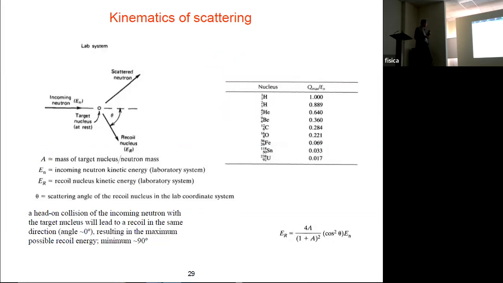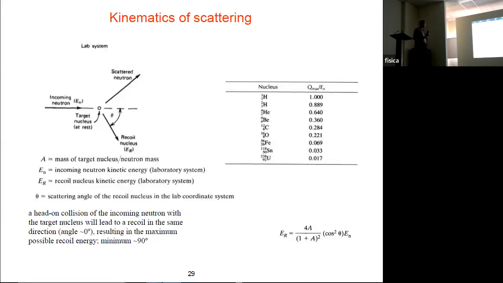that's a simplified version of the interaction of recoil in elastic scattering. We have a neutron. Here's a nucleus, which is actually at rest. It's called the target nucleus.